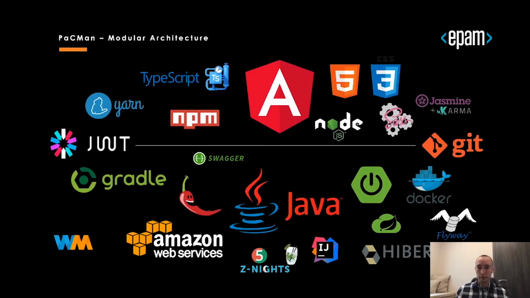So we talked a lot. What you have seen, our platform is using these technologies. On the front end, Angular is driving everything, so Angular and related technologies. And on the back end, it's Java and Spring Boot. Maybe it's worth mentioning Flyway that we are using for schema migration.